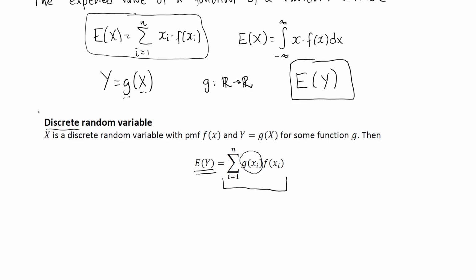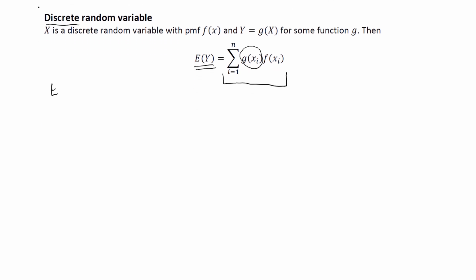I'm not going to prove this, but we can at least lend some credibility to this formula. So let's say that we have the following example. The probability mass function of X is 2/3 for X equal to 1, so there is a 2/3 probability that X will end up with 1, and 1/3 for X equal to 2.